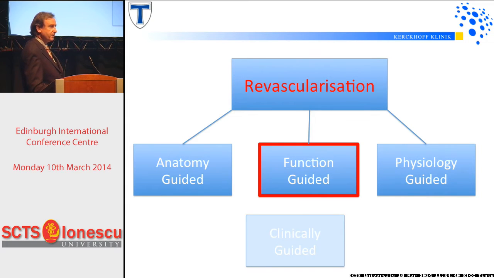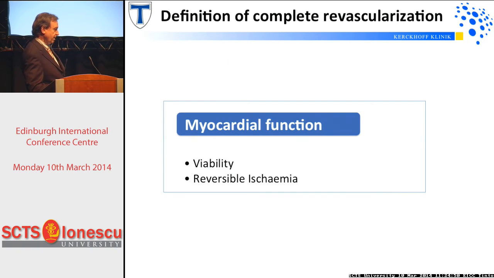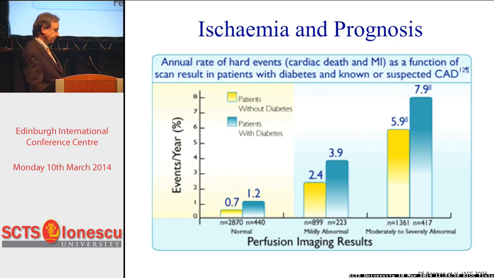Now, I think more important is the function, and as already shown by Philippe, our revascularization should be function guided. What is function? Function is the viability of the myocardium and also the evidence of reversible ischemia.